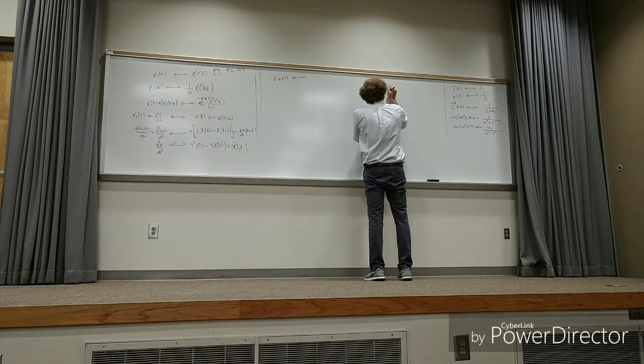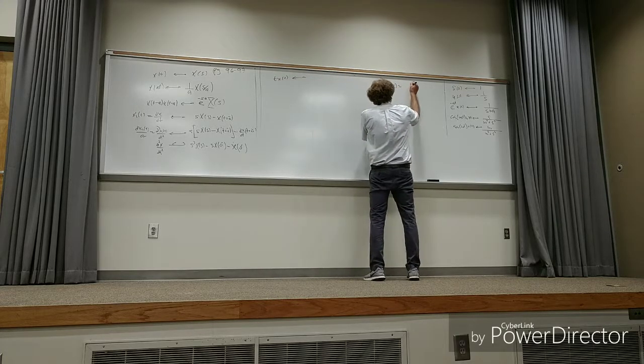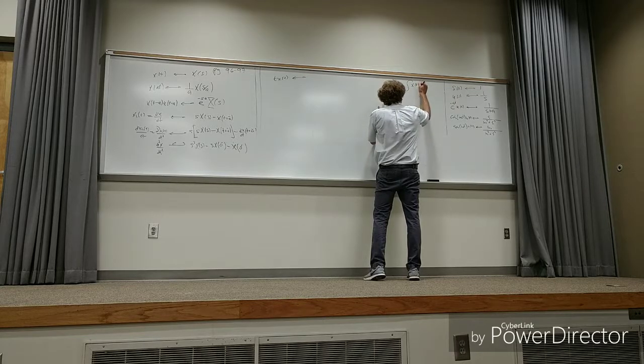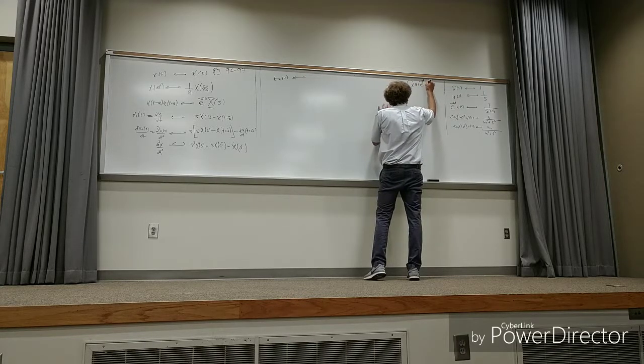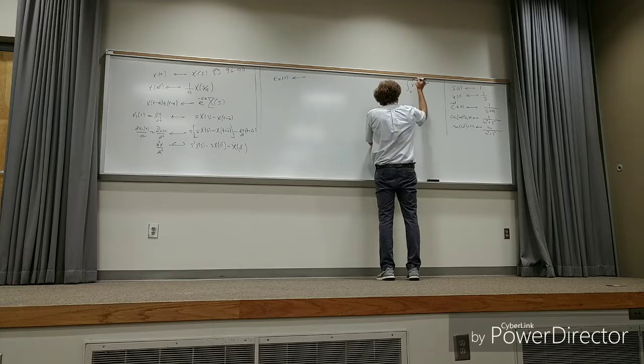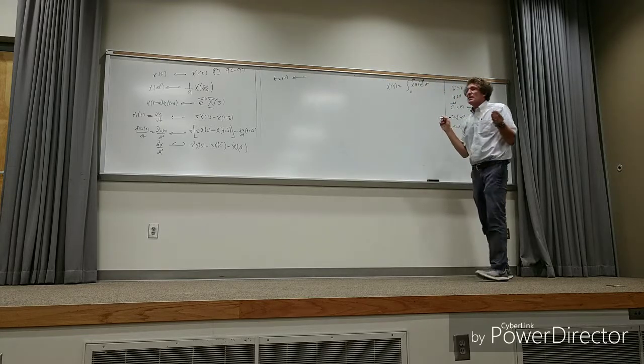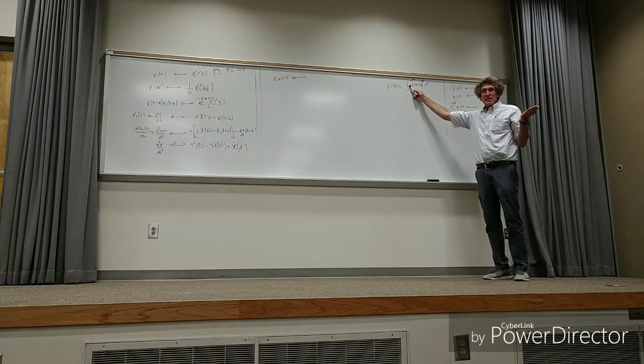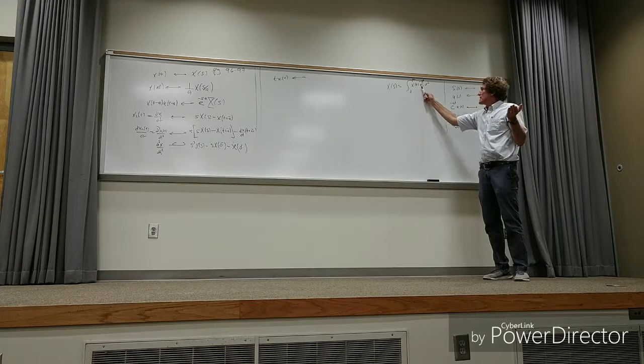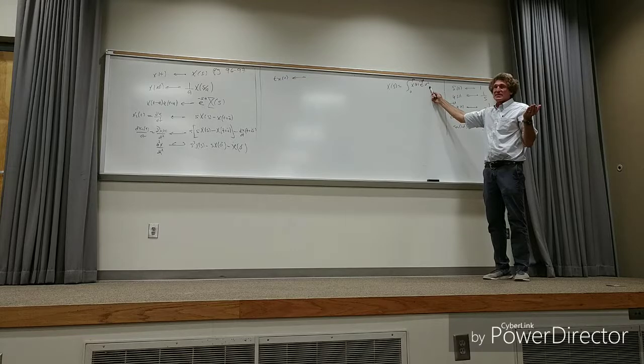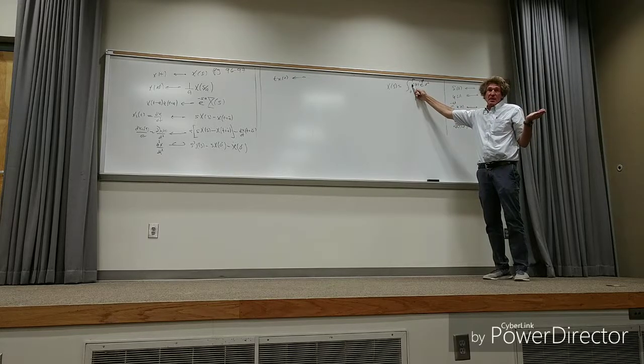So if we look at the definition, x of s is the integral of x of t times e to the minus st dt from 0 to infinity. Now I look at that and I want the t operator here, don't I? I want t times that. So how might I get it? Well, if I take a derivative of this with respect to s, I bring out a t, don't I? Actually a minus t.